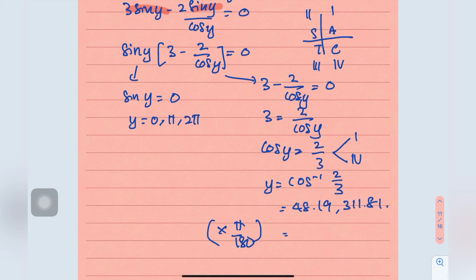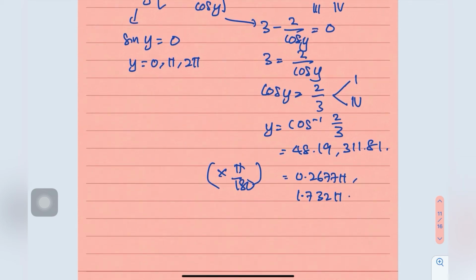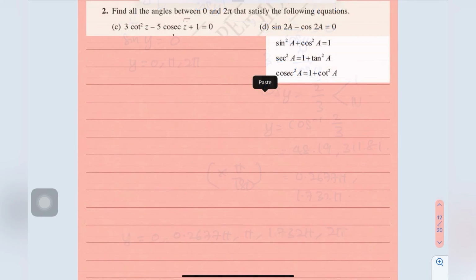Yeah, we will get 0.2677 pi and 1.732 pi. So then we conclude these values: y equals 0.2677 pi, pi, 1.732 pi, and 2 pi.